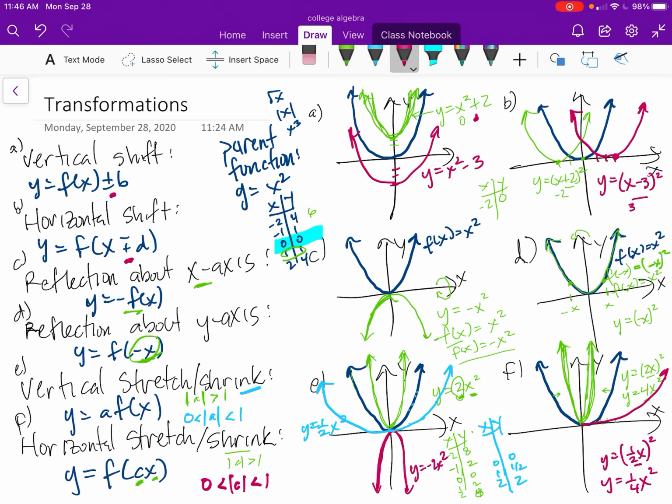But it's also a horizontal stretch. Be careful of the way a question is asked, because although we are doing the same thing, if this were the problem, it matches the horizontal. And in fact, it matches the horizontal shrink.